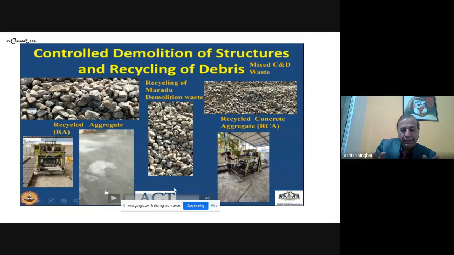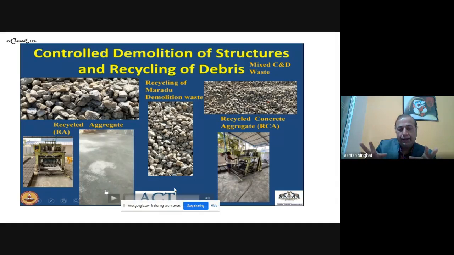So whenever a building is demolished, the biggest challenge is that we have to segregate all the materials in such a way that we can place them separately and make use of them. Because when the building is demolished, we have got sand, coarse aggregate, bricks, steel, cement, wood, and everything mixed together.